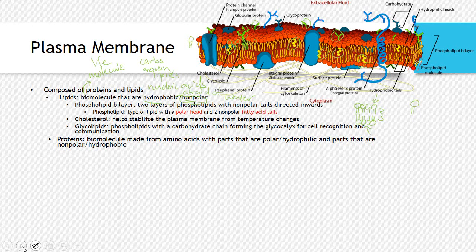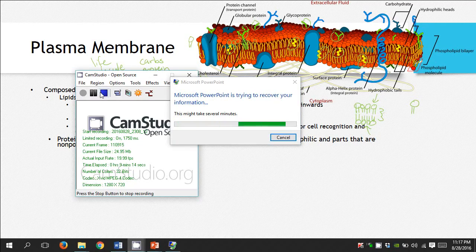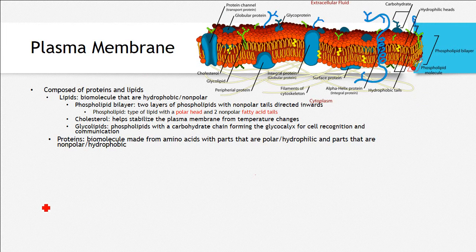Proteins, there's different types of proteins. They're made up of these amino acids. Sorry about that. So proteins are made up of these amino acids, and multiple amino acids will make these proteins.